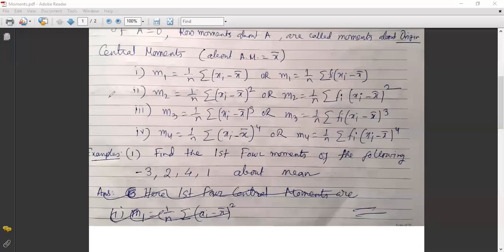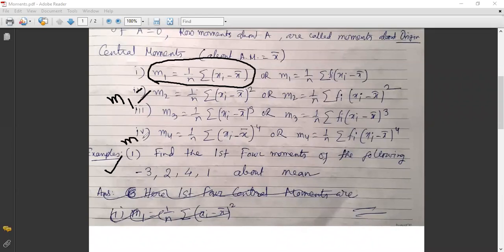M1, for this example, see the formula: xi minus x bar. Here the number of elements is 1, 2, 3, 4. So we write 1 by 4.